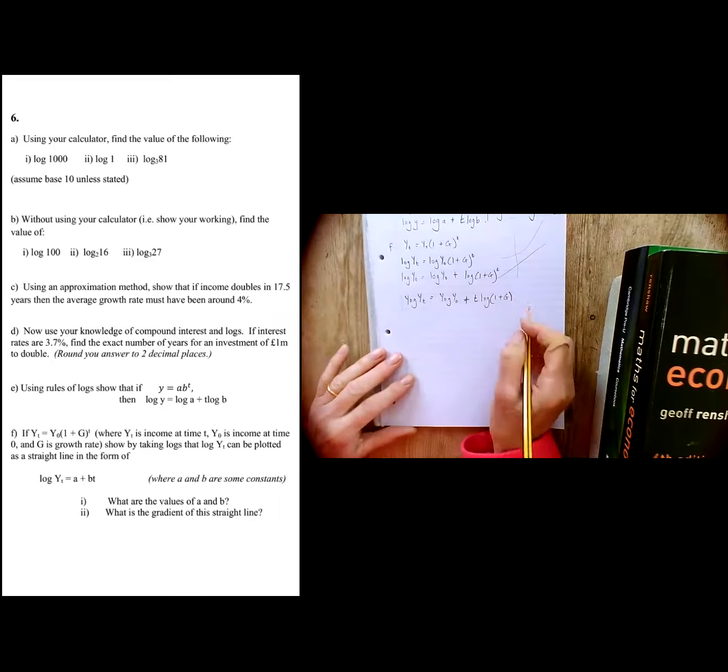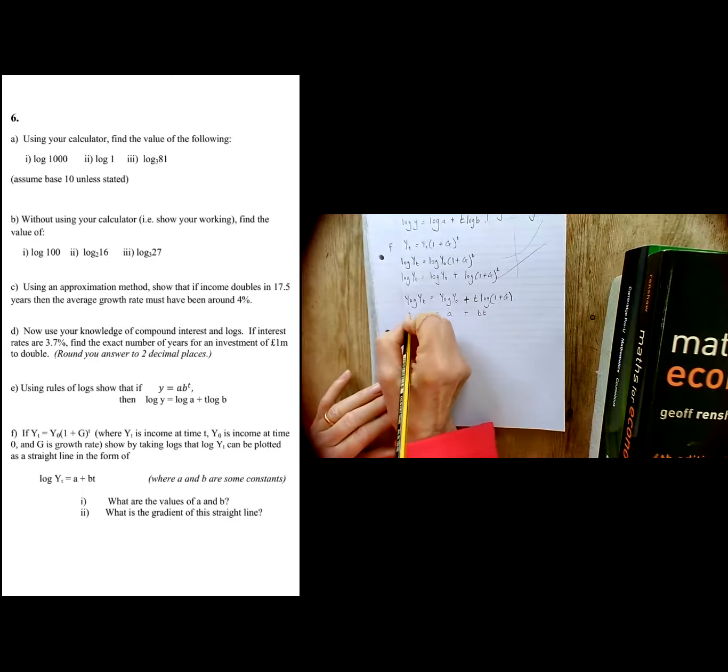Now, you may not recognize it straight away, but this is a straight line graph. It is a linear function. So we can now recognize this. We have done what we've been asked for. We've put it in the form of a plus b t. So this is just given as a general form, and we can see it fits the pattern.